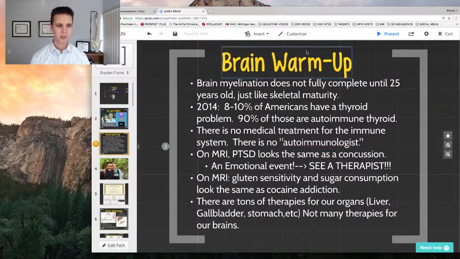All right, so here's our brain warm-up. Just like our skeletal system reaches skeletal maturity, the process of myelination in our brain does not complete itself until we're 25 years old. As of 2014, 8 to 10% of Americans have a thyroid problem, and 90% of those are autoimmune thyroid.